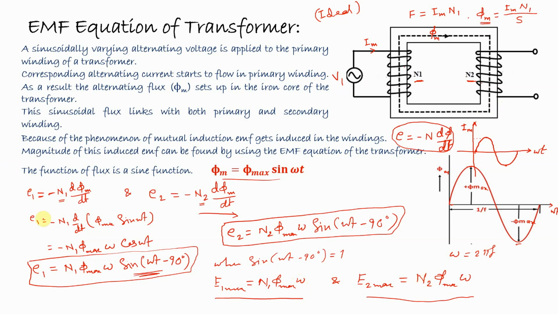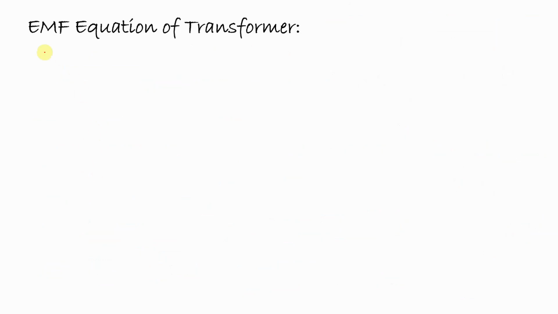Now the induced EMF E1 can be represented in terms of E1 max. Instead of N1 phi max omega, we can write E1 max, and instead of N2 phi max omega, we can write E2 max. So let's consider.